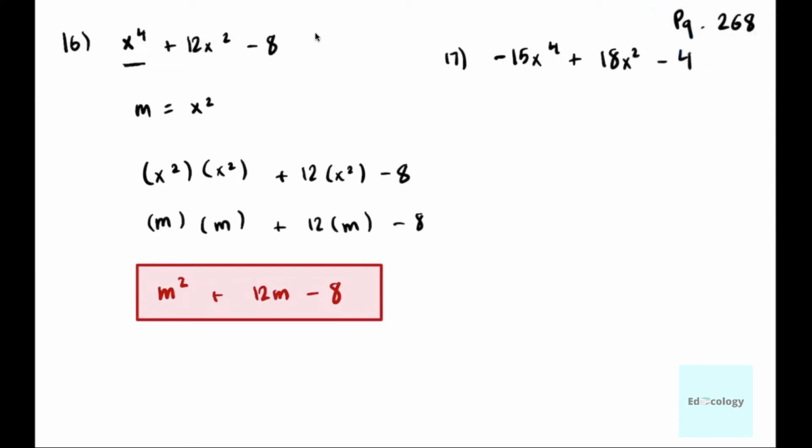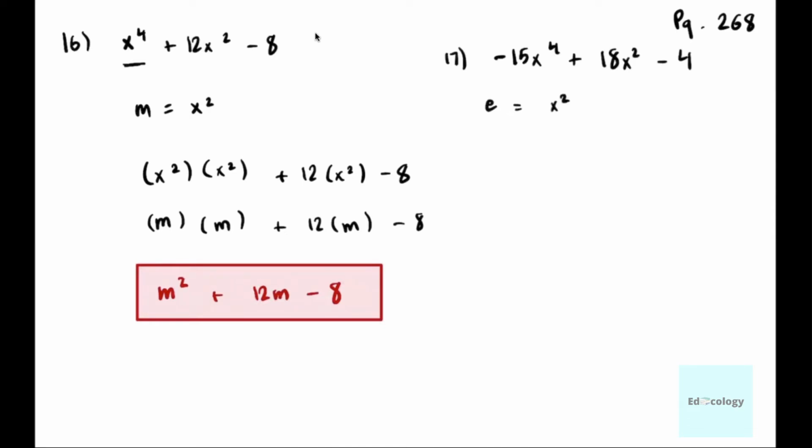I even chose a question that has the exact same powers. Okay, so we'll do exactly what we did over here. So we will substitute x squared as another variable. This time let's choose e. So e is equal to x squared.